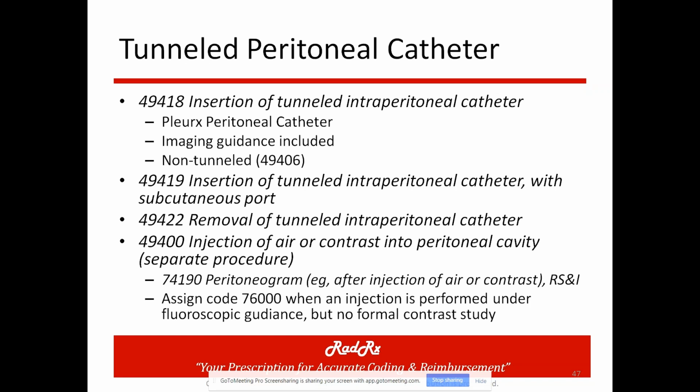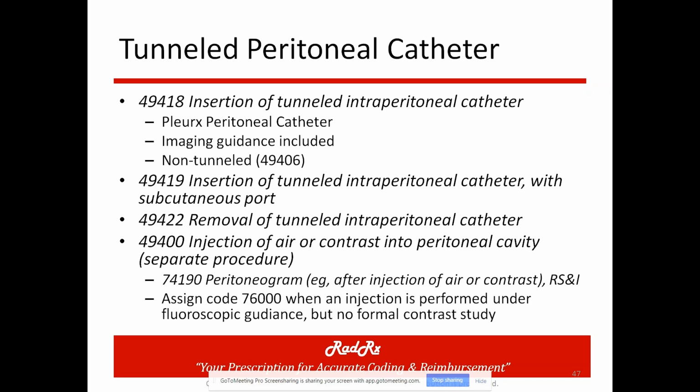If you see that in your report, where it says Pleurex catheter, Pleurex peritoneal, that will give you a clue. That's what you're dealing with. Imaging guidance is included. There's nothing separate to code there. And then we also have 49419, which is an insertion of the intraperitoneal catheter with a subcutaneous port. So that's the difference between those two codes, the catheter without a port, the catheter with a port.